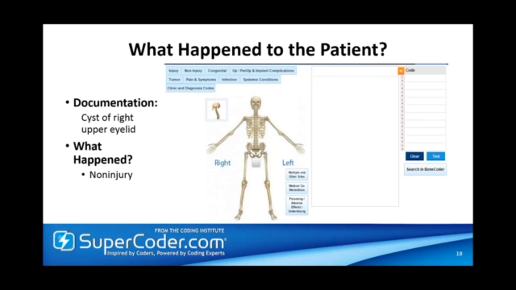It is organized based on medical training and categorization, so it's very intuitive for providers to be able to comprehend. So we ask what happened to the patient. In this case, our example for our documentation is cyst of the right upper eyelid. What happened? It's a non-injury. It's a cyst.